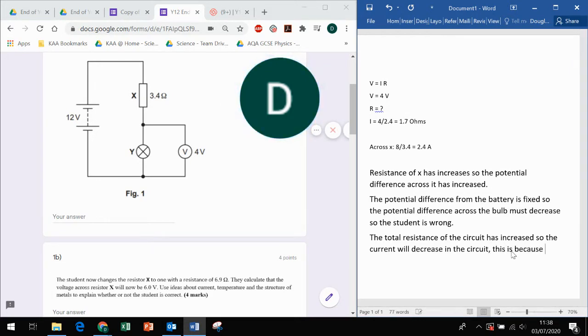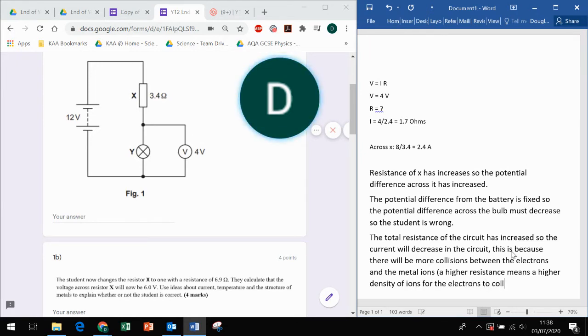This is because there will be more collisions between the electrons and the metal ions. A few people went even further, which is probably actually needed, but it was really good to see: a higher resistance means a higher density of ions for the electrons to collide with.